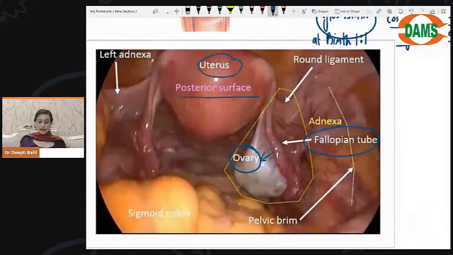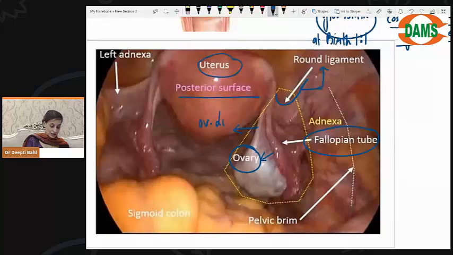Now there is this structure which is going from the uterus to the anterior abdominal wall, and this structure which goes to the anterior abdominal wall is the round ligament. The ligament that attaches the uterus to the ovary is the ovarian ligament, right?